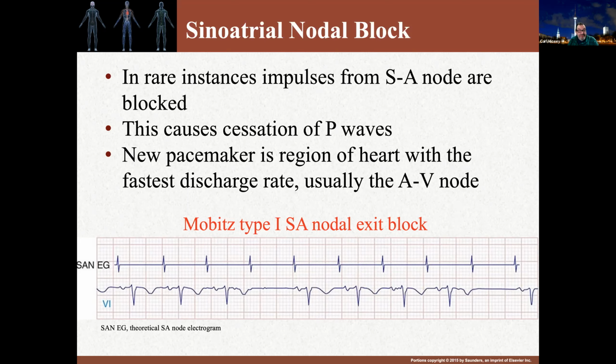Again, the signs and symptoms depend on the severity of the block. Some individuals are totally asymptomatic, while others may have symptoms related to reduced cardiac output, like syncope and dizziness.